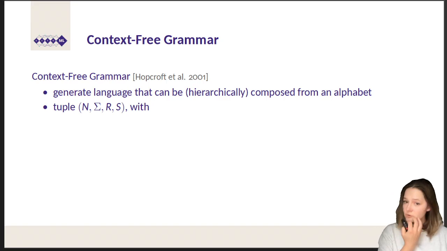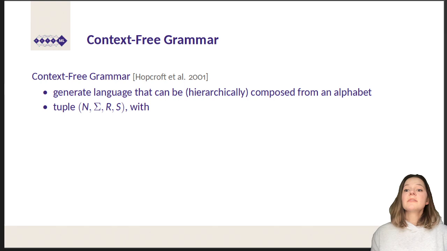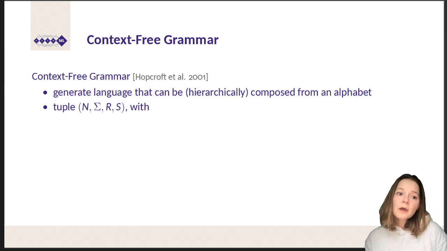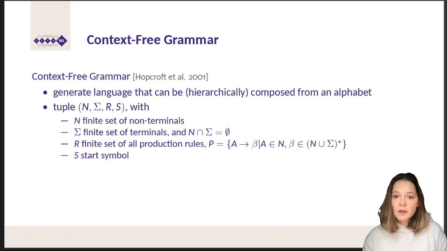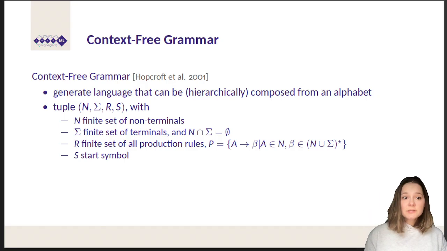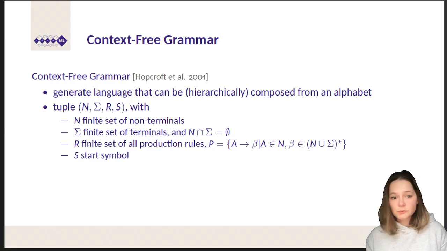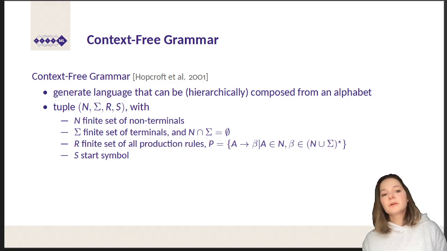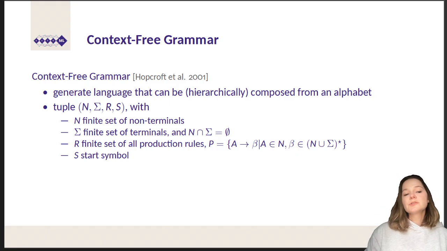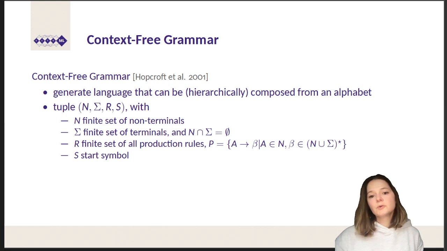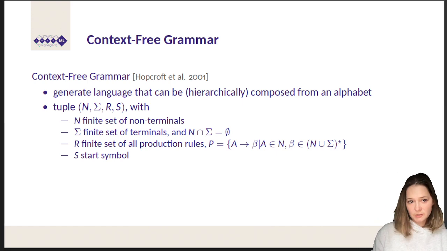And so the idea in context-free grammar is to generate language that hierarchically can be composed from an alphabet, where our grammar is a tuple of 4 different parts, with N being a finite set of non-terminals, capital Sigma being a finite set of terminals, R being a finite set of all production rules, where the production rules just mean a rule mapping from a non-terminal to a string of other terminals or non-terminals. And then we have capital S, which is our start symbol, with which we start.